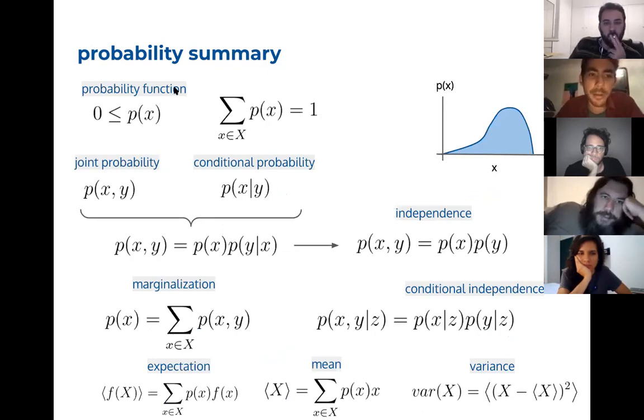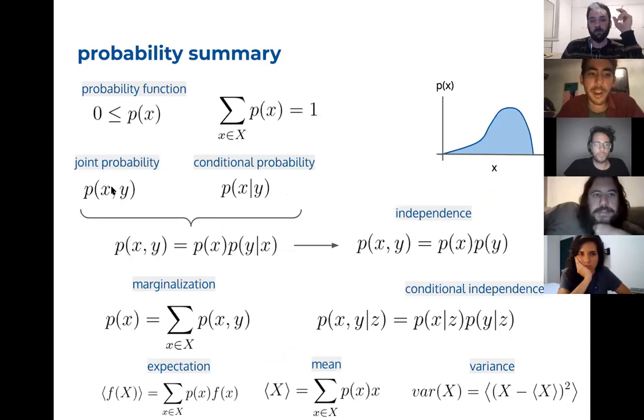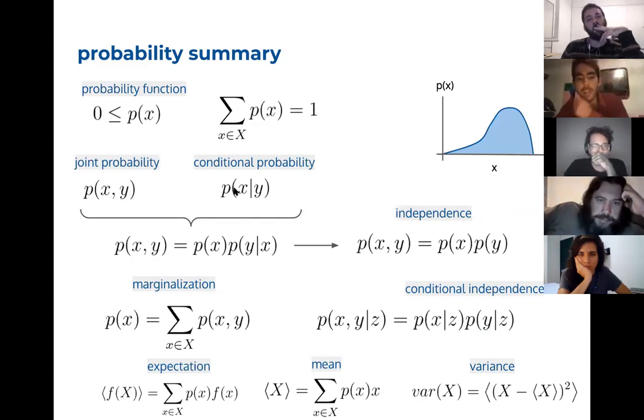We have a probability function, which is non-negative and sums to 1, right? It's discrete here, and then you have joint probabilities, with two variables, which is the probability of X and Y. Then you also have conditional probabilities, the probability of X given Y.